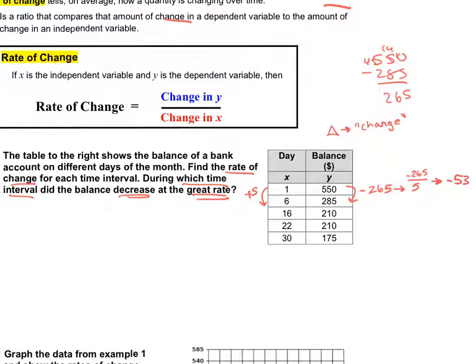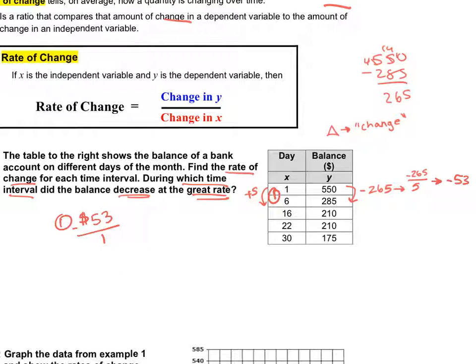So the rate of change for the first interval was negative $53. So interval number 1, we're going to call this interval 1. You lost $53 in 1 day. It's per day. We simplified that.